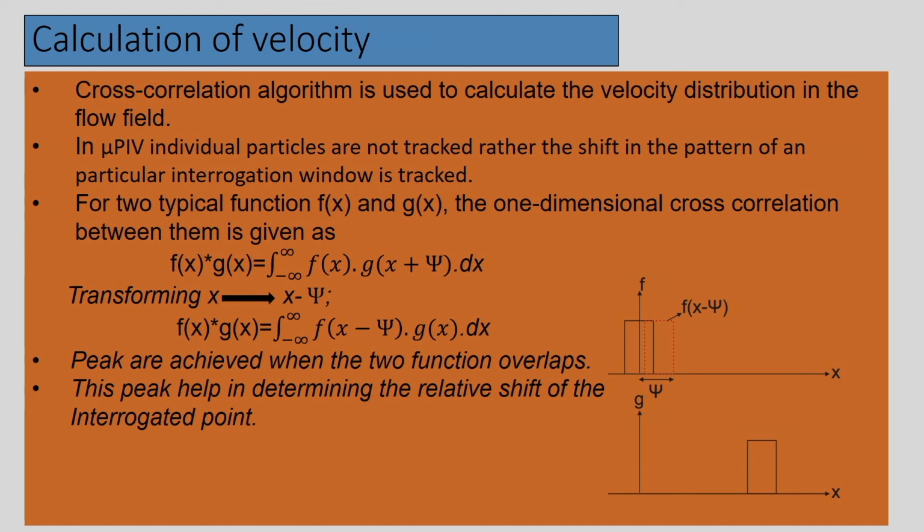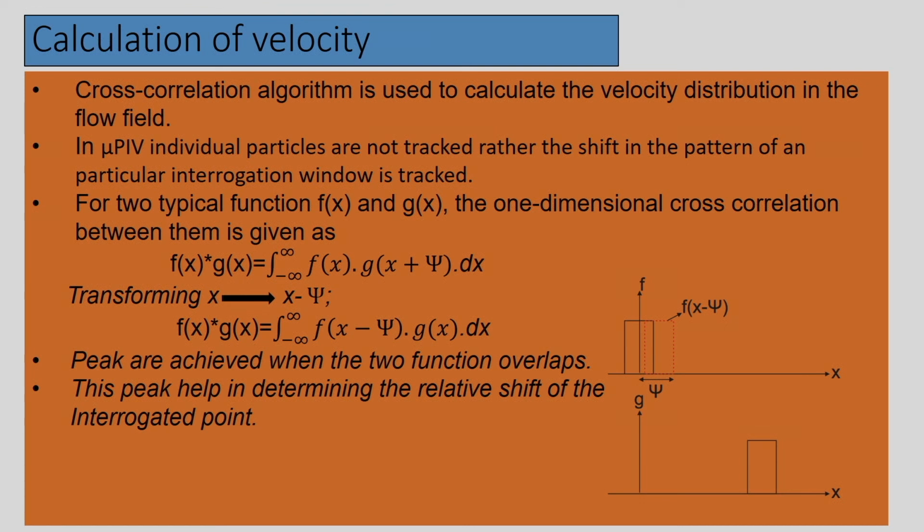Seeding images in the flow field are recorded in the first frame of the camera, represented by a function f in this plane, and the camera frame is advanced, and the final positions are recorded in the second frame, represented by g in this plane. Now these two images are post processed following the cross correlation algorithm, essentially to measure the velocity.